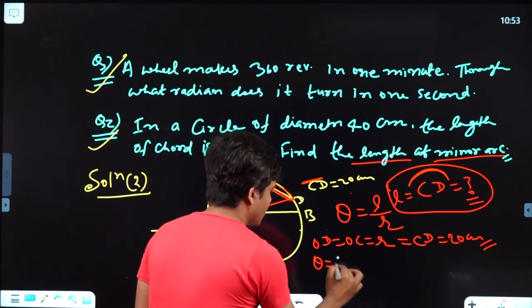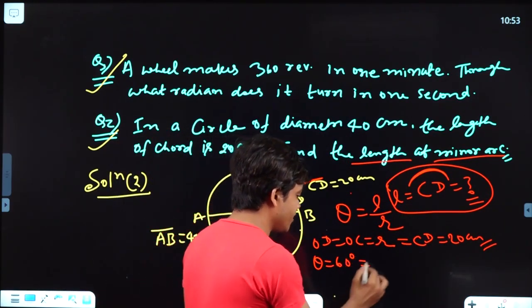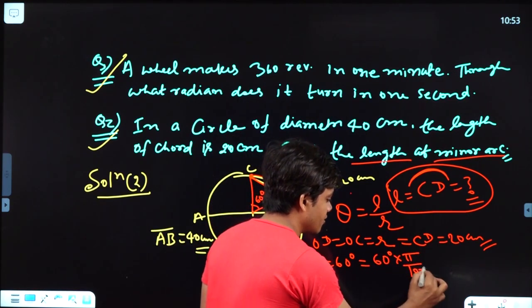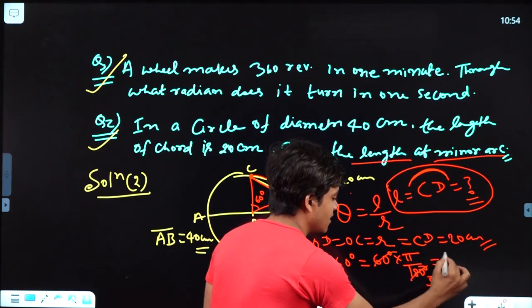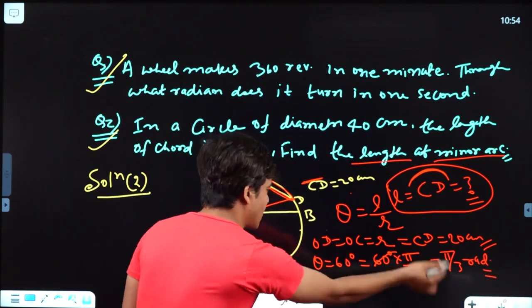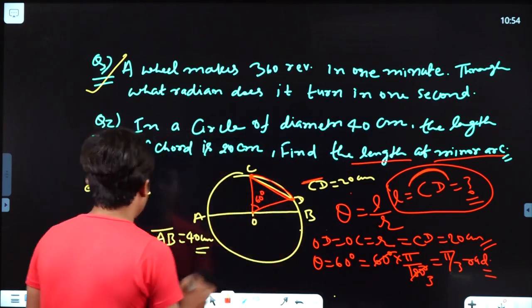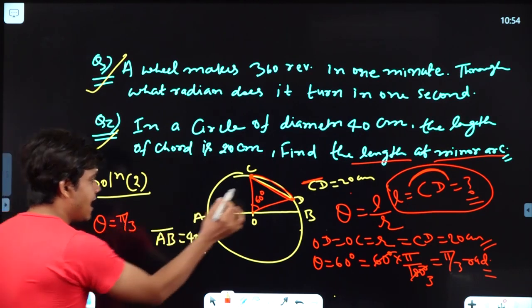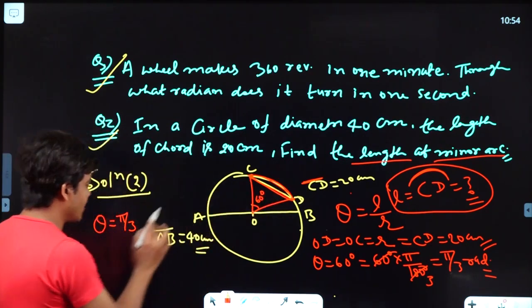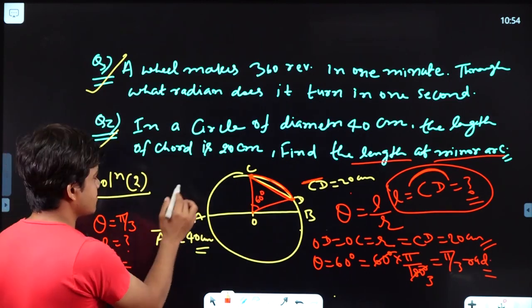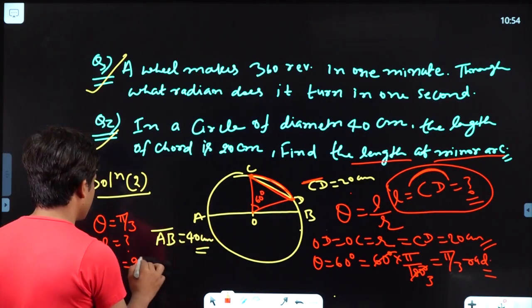If theta is 60 degree, how many radian is it? 60 degree into pi upon 180 radian, which becomes pi by 3 radian. So theta is pi by 3, L is to be found, L is the required minor arc, and R is given as 20 centimeter.